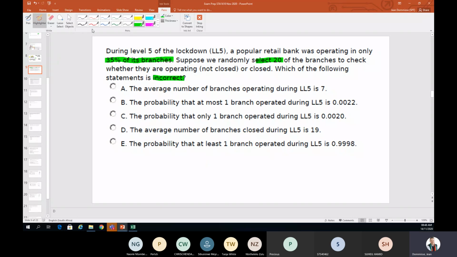The first thing I want to ask you is, what type of distribution are we looking at here? Because that will determine what we will be using to get to the answers.